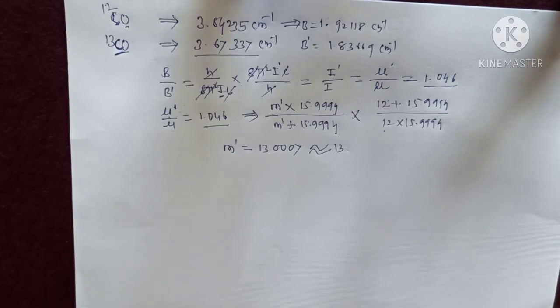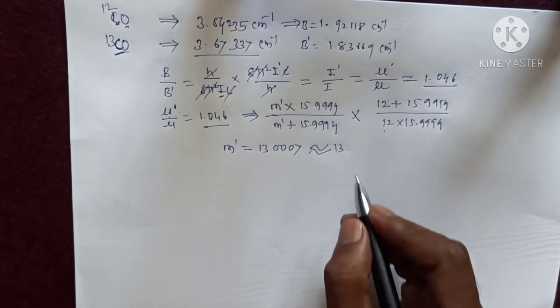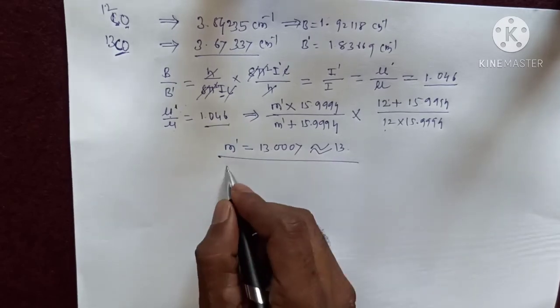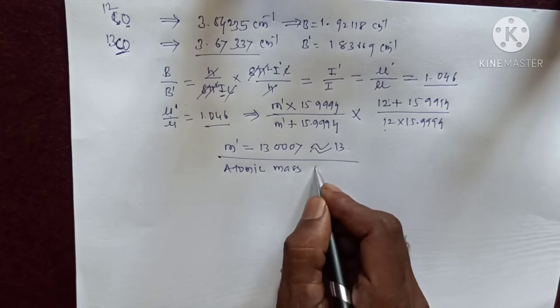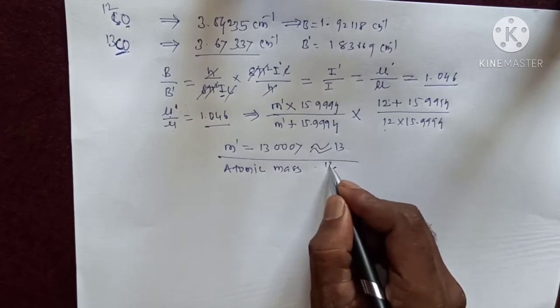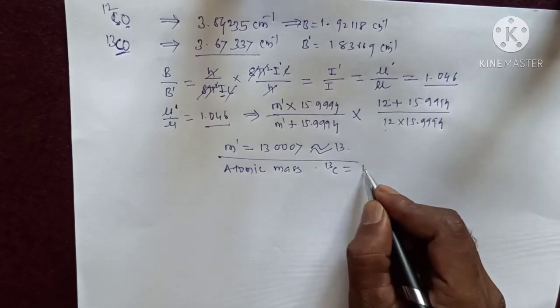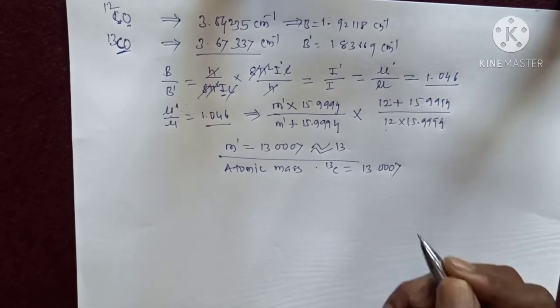So what have we actually done? We have determined the atomic mass. The atomic mass of carbon 13 will be equal to 13.007.